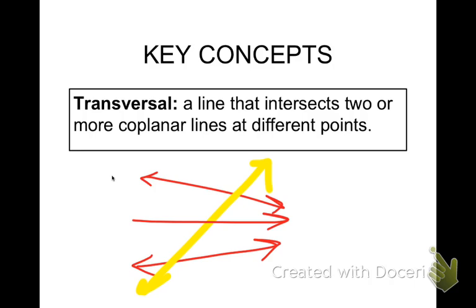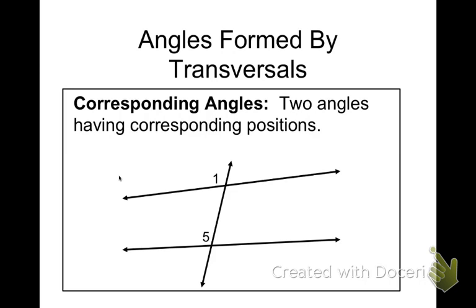I could add a third line in there that intersects. So now that transversal is intersecting three different lines at three different points. So when that occurs, we get a bunch of different angle relationships. So our first angle relationship is corresponding angles.